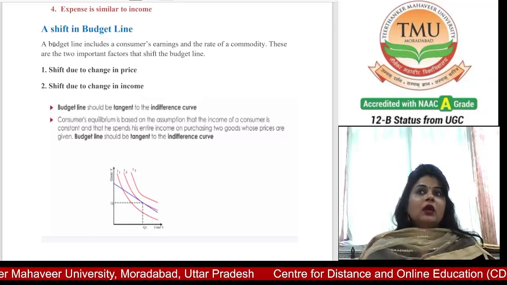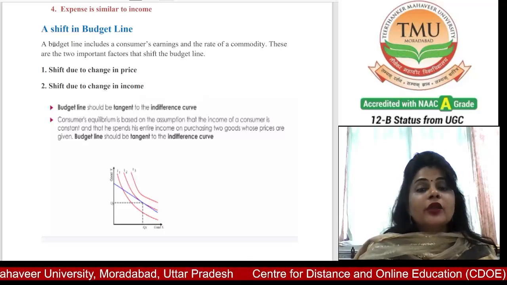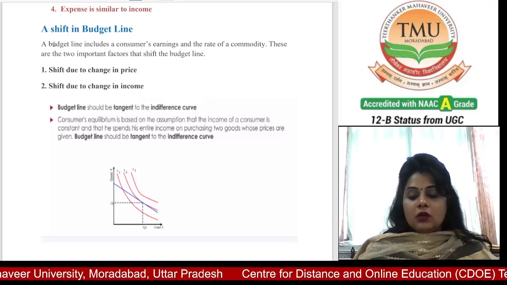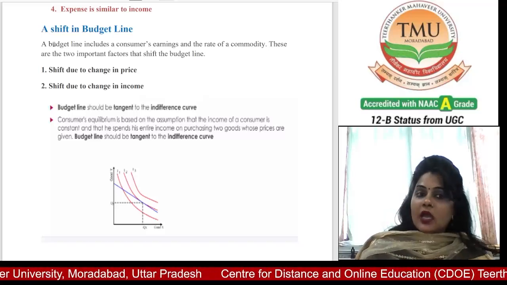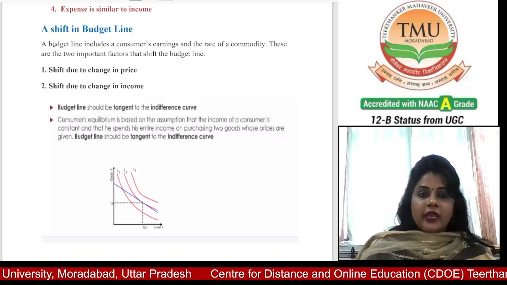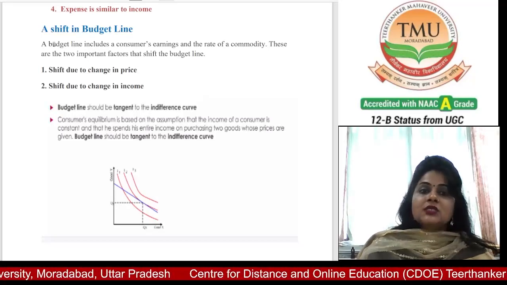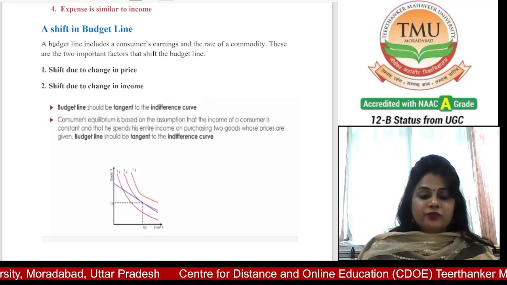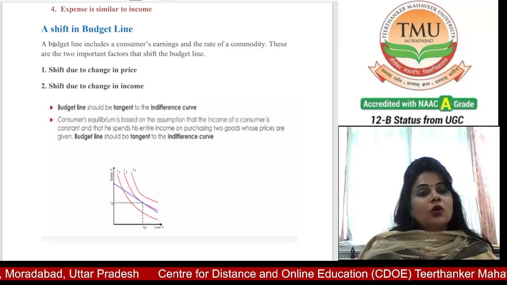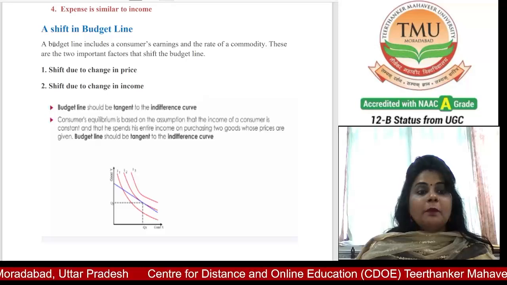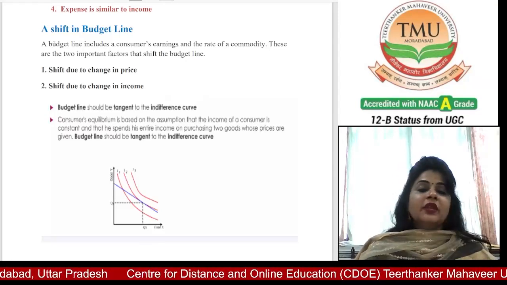Suppose before, the price of product A was 10 and the price of product B was 8. The price of product A remains constant at 10, and the price of product B decreases from 8 to 6 rupees. Now the buying potential of product B automatically increases.